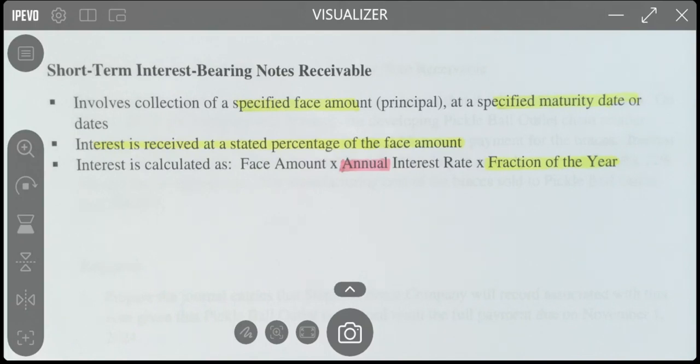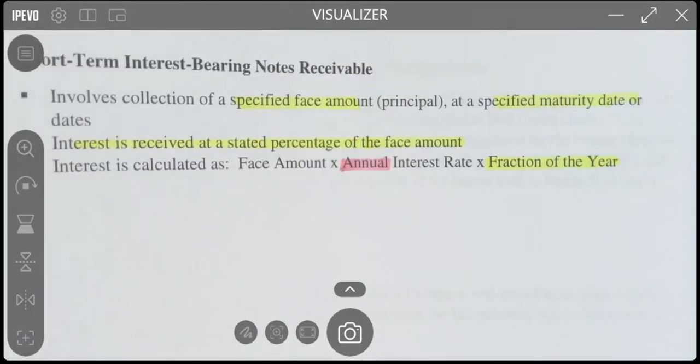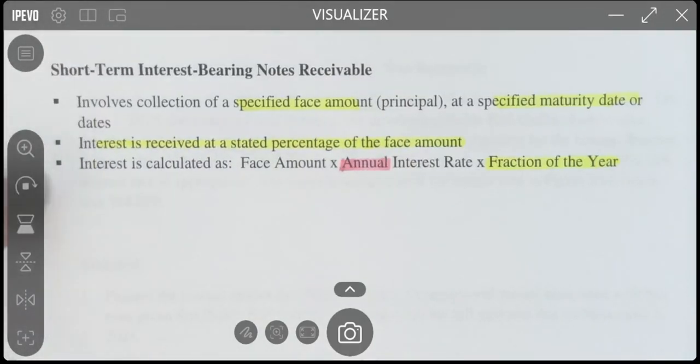Interest is calculated as the face amount times the annual interest rate, multiplied times the fraction of the year that has expired by the time we are accruing it, or it's due to be paid.